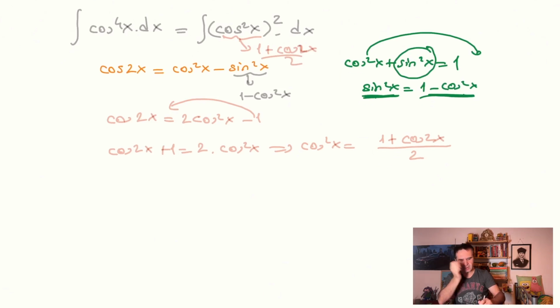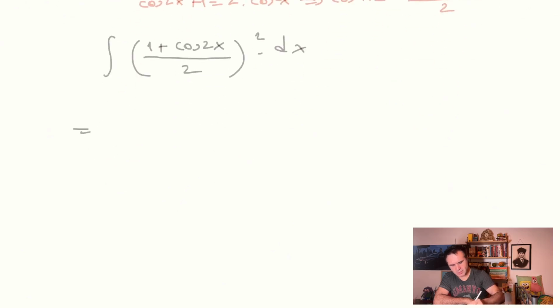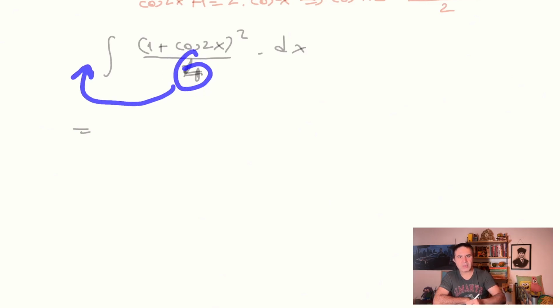Let's write the integral again: the integral of ((1 plus cosine 2x) over 2) squared dx. Then this is equal to the square of (1 plus cosine 2x), and this part will be 4. Since this is a constant, I can take it outside of the integral.